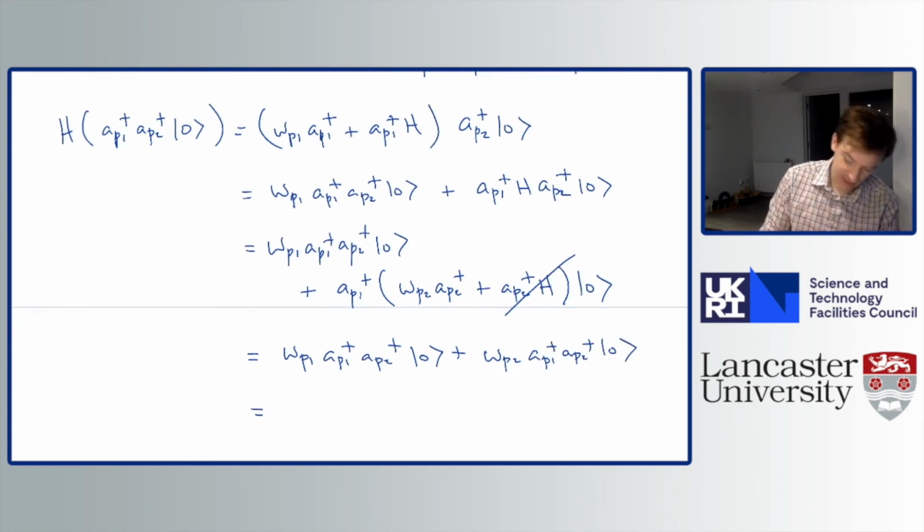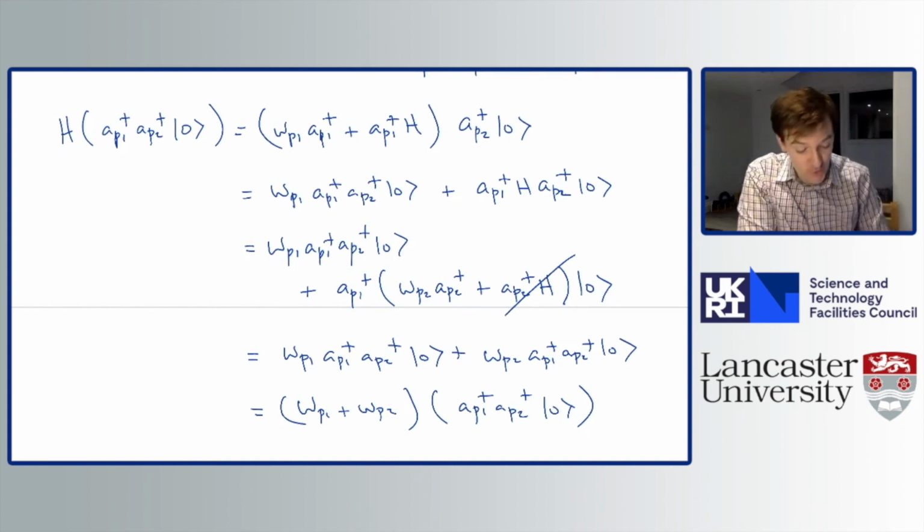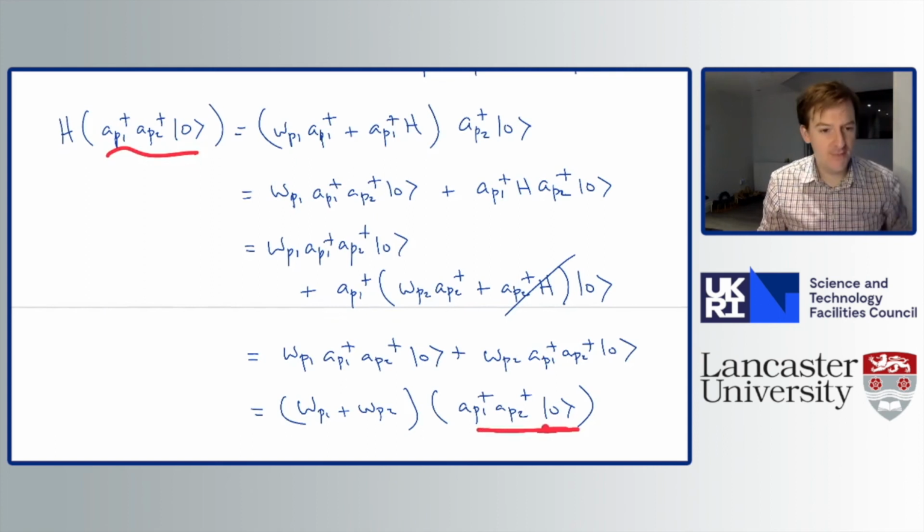And you can see I can obviously bring together the omega_p1 and the omega_p2, and it leaves behind a_p1 dagger, a_p2 dagger. In other words, we have the state that we started with.